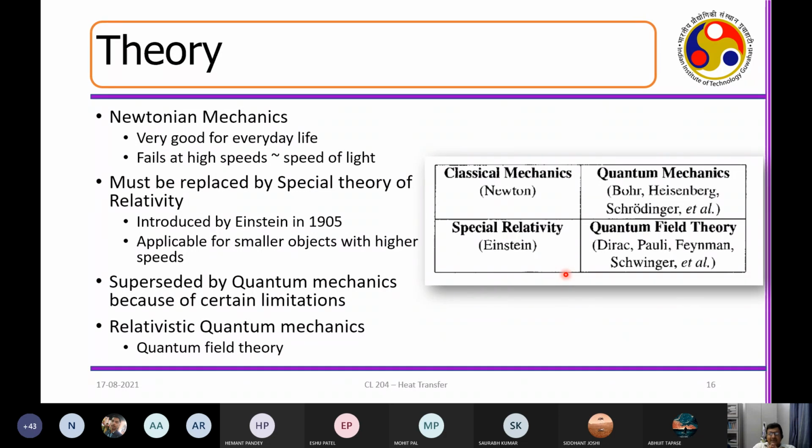Okay, now once we are through with that, we have created a mathematical platform in order to study heat transfer, which is a part of our classical mechanics. Once you understand classical mechanics, you have to graduate to quantum mechanics. Once you understand quantum mechanics, you have to look at special relativity before you go for quantum field theory.